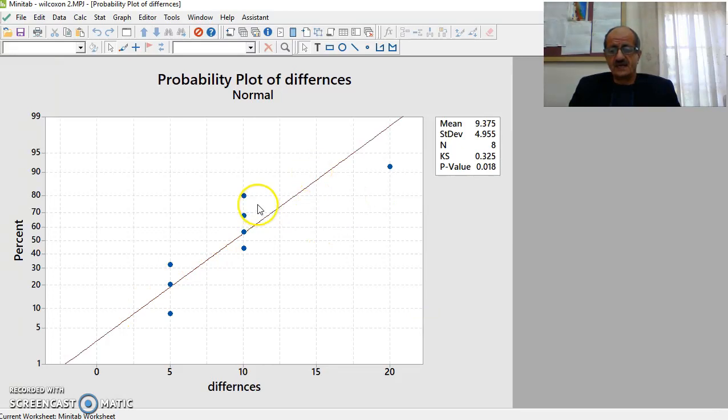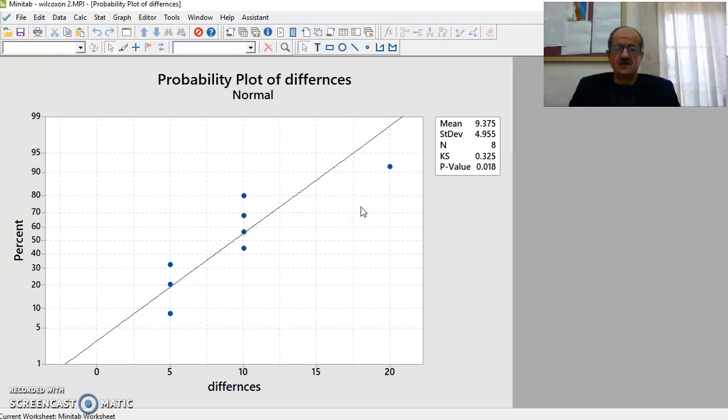This is the normal line, and we notice that the data deviate from the normal line, which means, and the p-value is 0.018, which is less than 0.05, that the distribution is not normal, because in testing normality, the null hypothesis states that the distribution is normal. Since we rejected the null hypothesis, the distribution of the differences between the two groups is not normal.